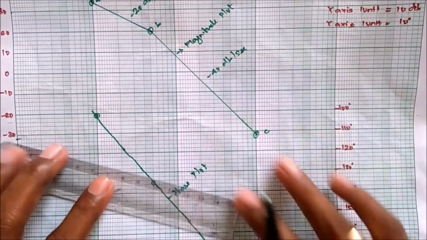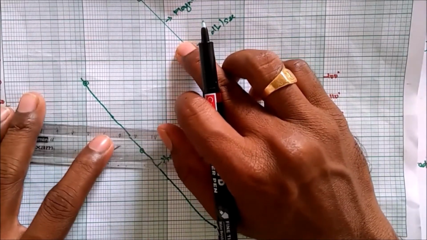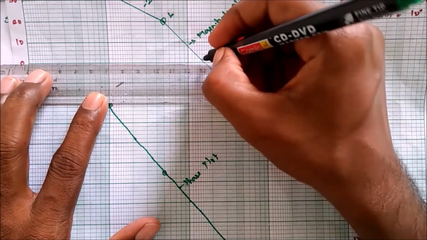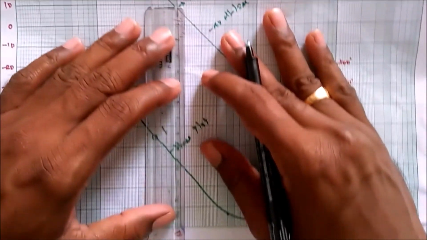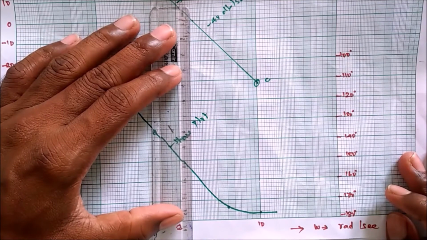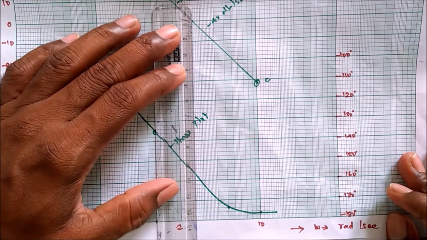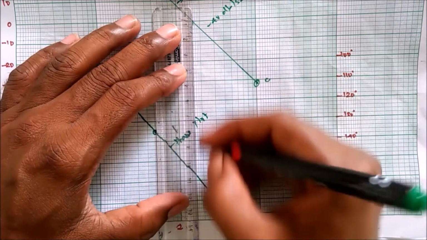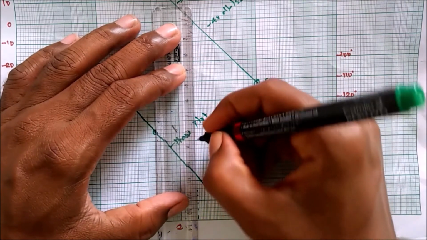We see this plot cuts 0 decibel at this point, and the corresponding frequency is the gain crossover frequency.